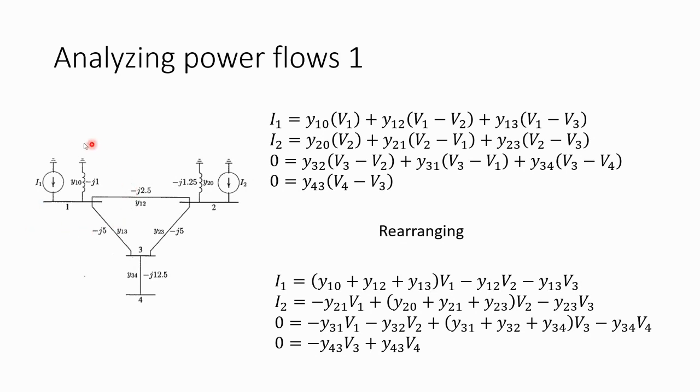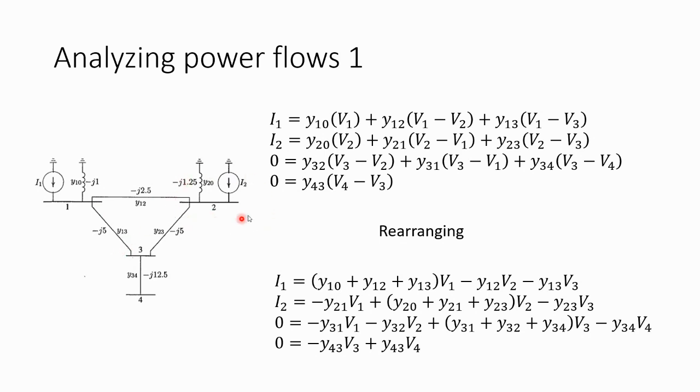If we apply KCL at bus 1, you notice that the current entering bus 1 is I1. And how about the current exiting bus 1? We are not given information on that, so we can assume the directions of the current flow away from bus 1 as this, and this.